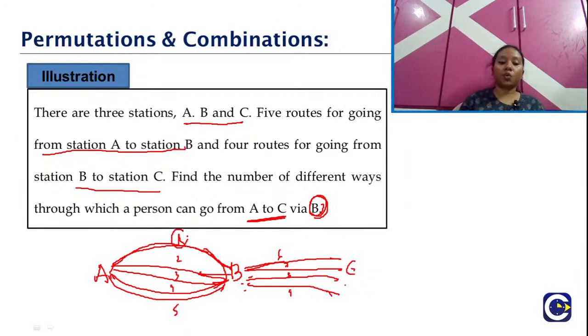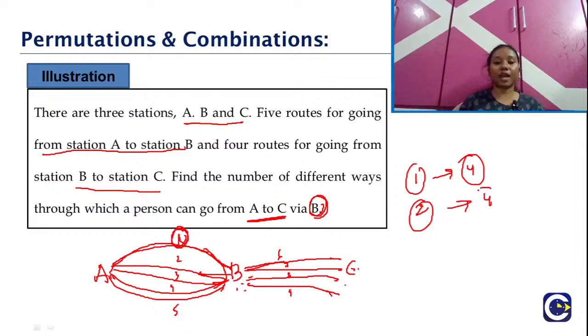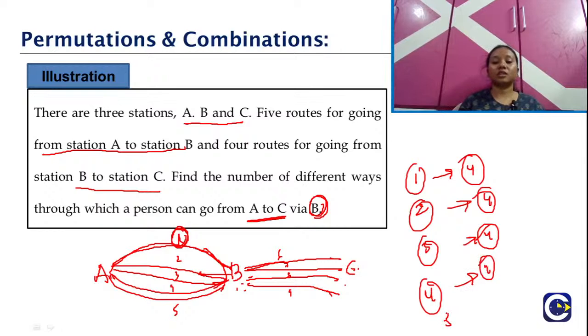So for one path from A to B, we actually have 4 possible ways to go from station B to station C. For path 1, we have 4. Again for the second path, we have 4 ways. Again for the third path, 4 ways. Again for the fourth path, 4 ways. Fifth path, 4 ways.